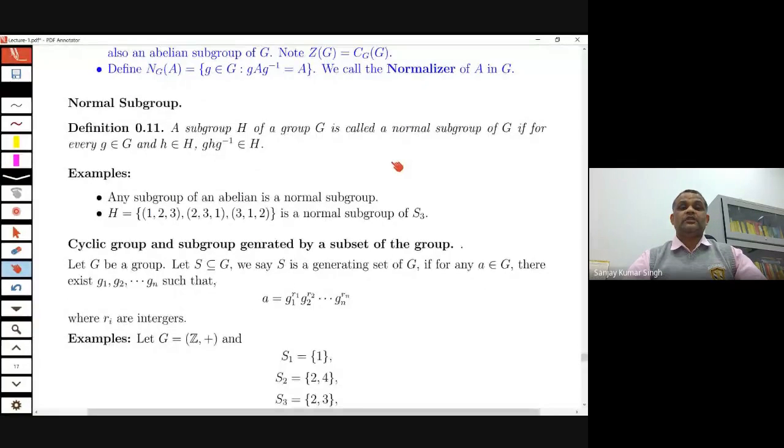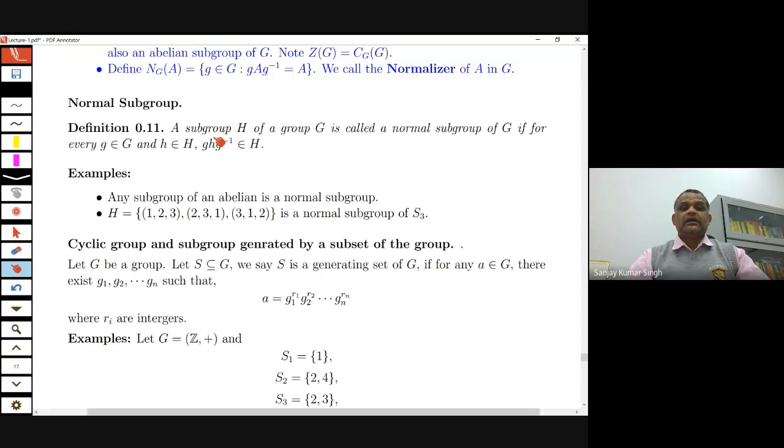Now we have a new special type of subgroup, which I call a normal subgroup. I will tell you why this subgroup is important later in my second lecture. But so far I am defining it.